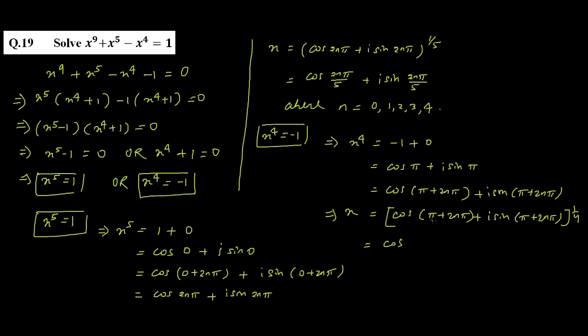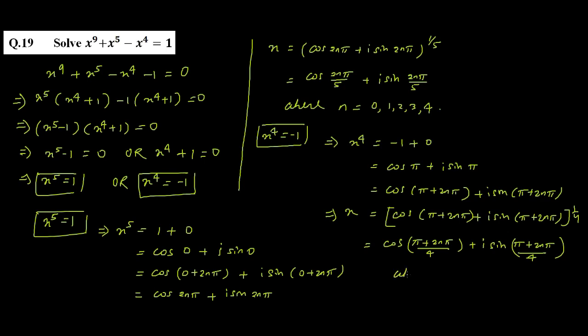So this will become cos (pi plus 2n pi) by 4 plus iota sine (pi plus 2n pi) by 4. Okay, and what is your n?